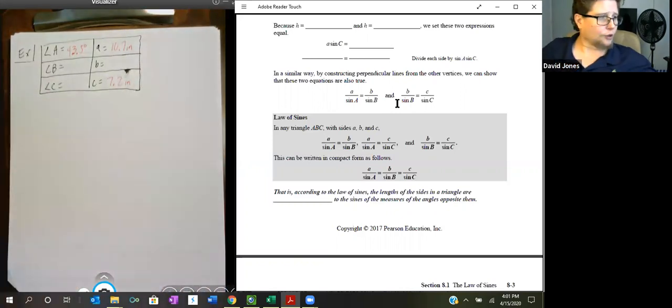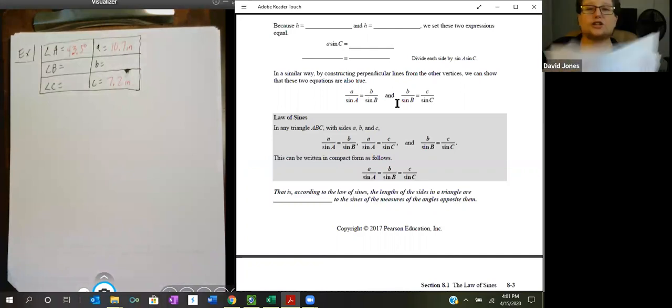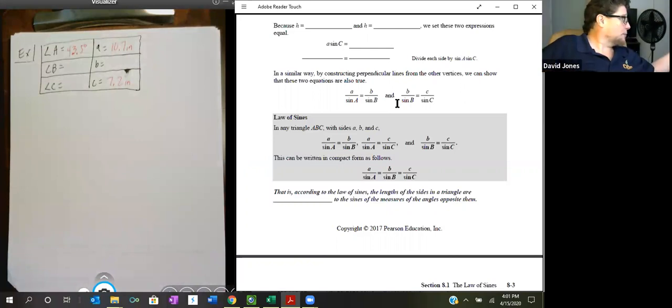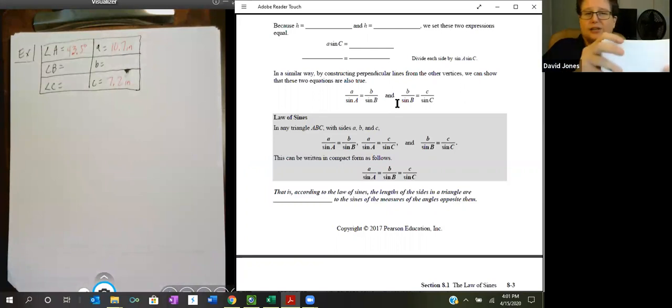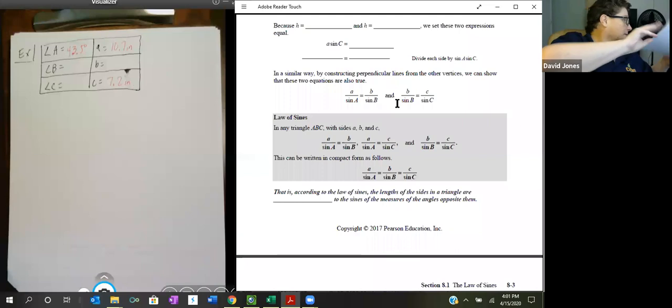And why don't you guys work that one out? Show me what you got. What one do you have to calculate first? That's a good starting point. Looks like you got to start with angle C, right?